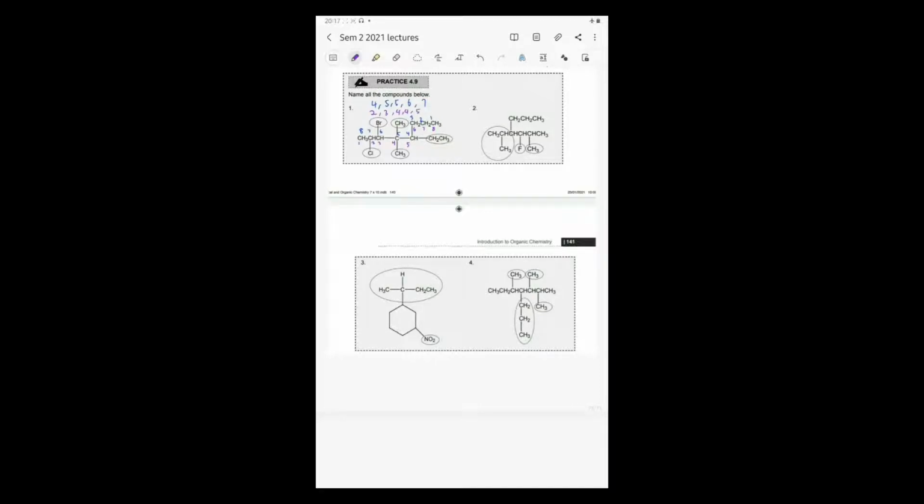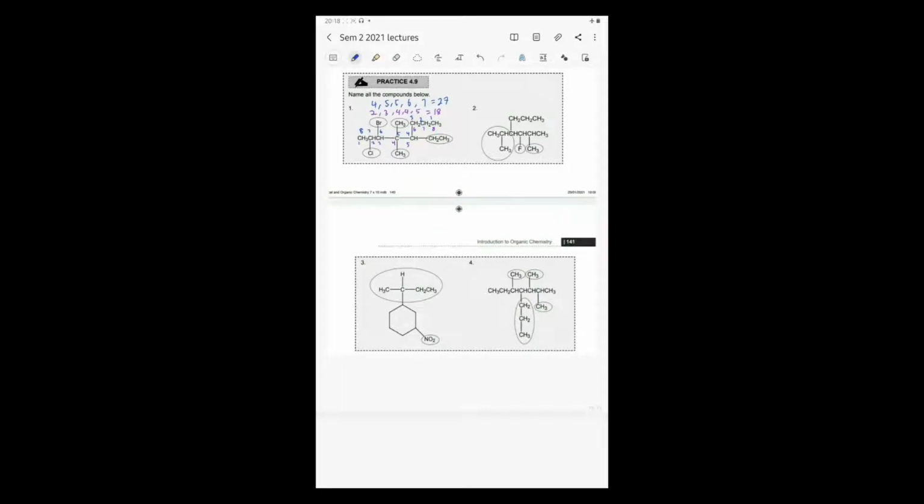Is it correct? 1, 2, 3, 4, 5. So 5 substituents. Okay, so if we total up these numbers, 2 plus 3 is 5 plus 4 plus 4 plus 5, it will be 18. Okay, but the one above will be equal to 27.